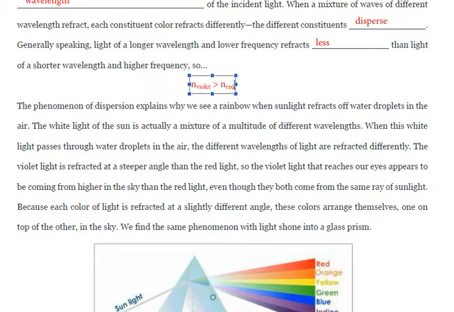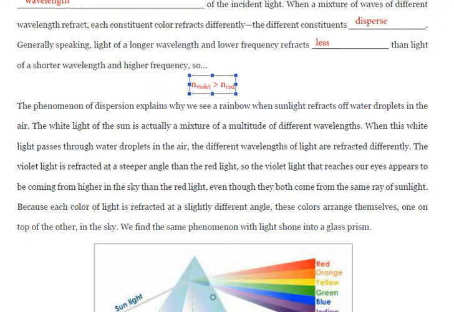So dispersion is what explains why we're able to see things like rainbows, or why light shining through a glass prism breaks into that rainbow pattern. The white light that comes from the sun is a mixture of a whole bunch of different colors of light, a really big range. When the white light passes through water droplets in the air, they have a lensing effect, and the different wavelengths, since they're traveling from air into water and then back out again, get refracted differently.